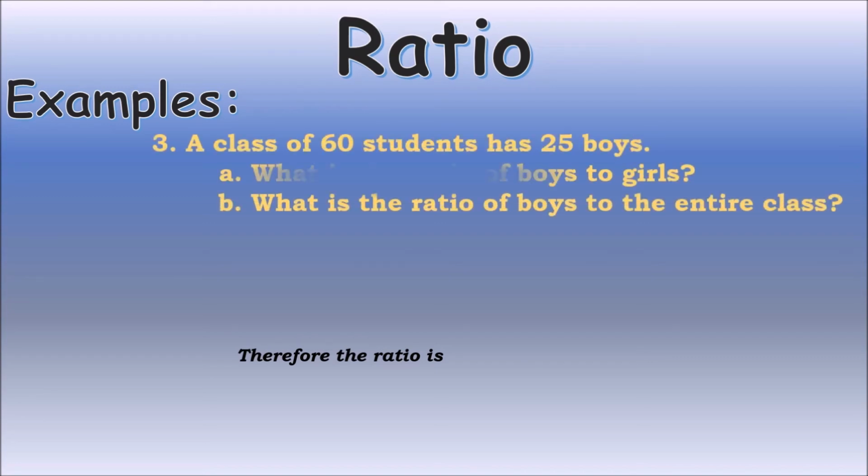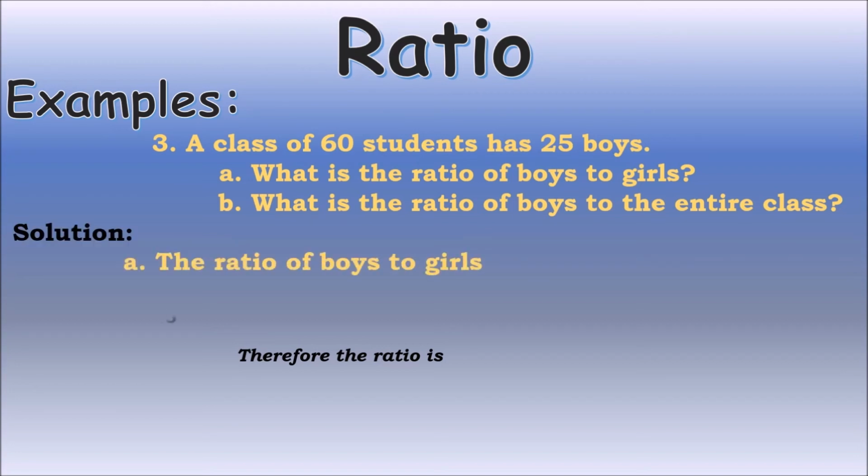Let us have a little bit more complicated example. Here it is. A class of 60 students has 25 boys. Letter A, what is the ratio of boys to girls? And letter B, what is the ratio of boys to the entire class? Let us have the ratio of boys to girls first. Given the number of boys, which is 25, we don't know how many girls there are. To express the ratio, we must know the number of girls in the class first.